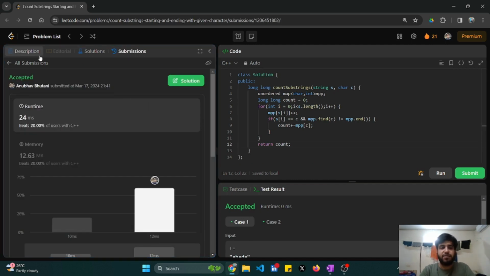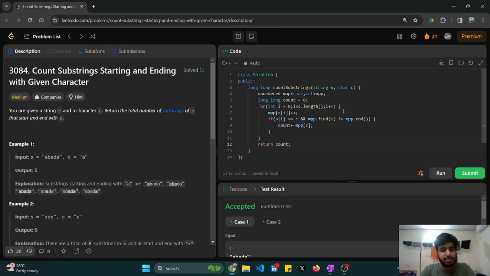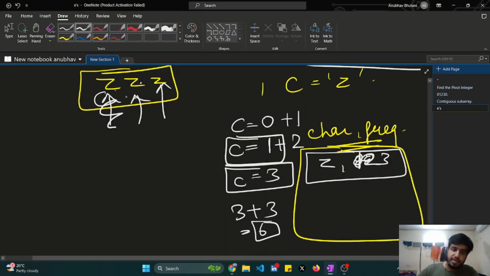Okay, submitted successfully. As you can see, I declared an unordered map, which paved the way for storing my starting indices. If this is my ending index, how many starting indices are there that start with the same character?